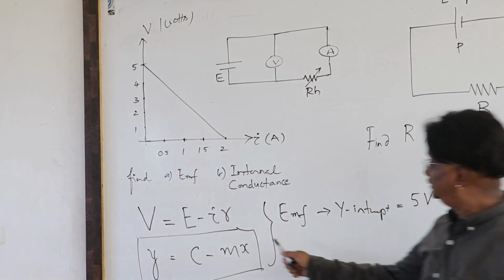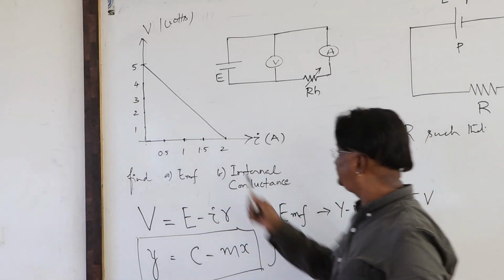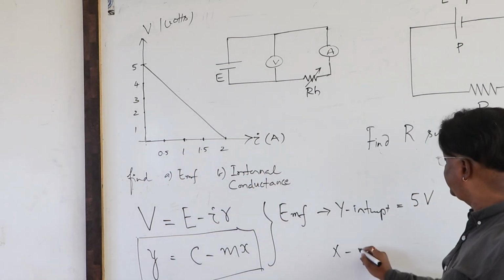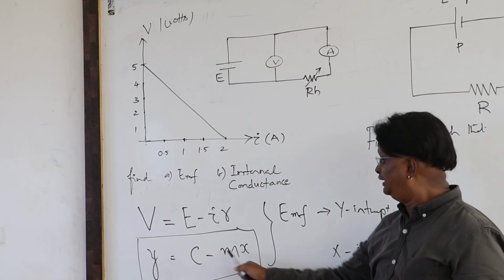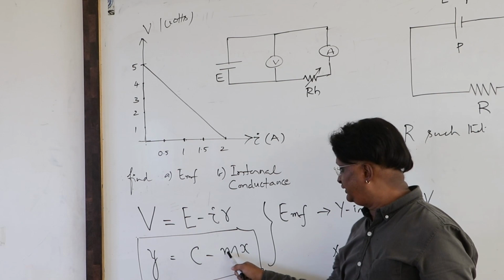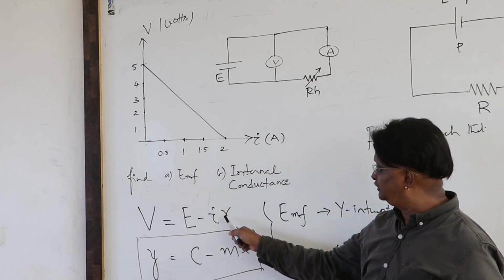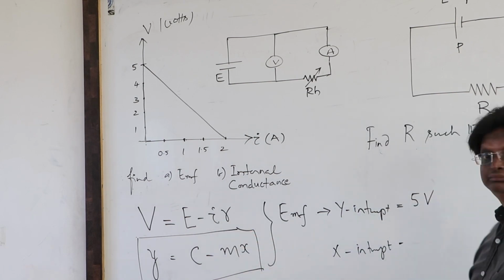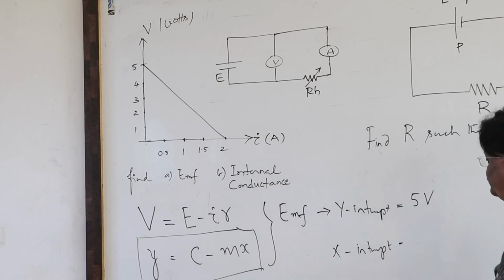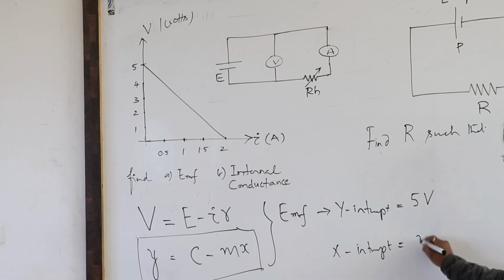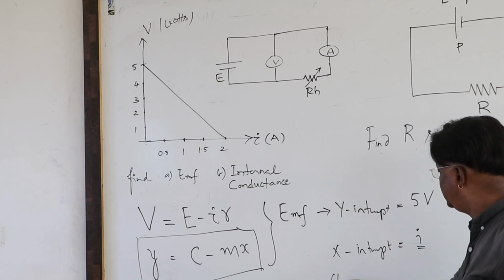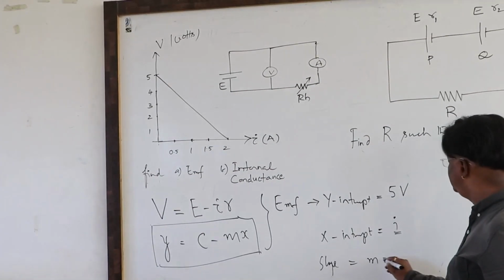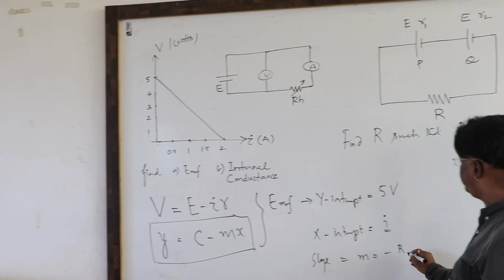Then what is the x-intercept? Look at this, y is equal to C minus mx, and what is that x value? It is nothing but I, because x-axis is calibrated for current. Therefore, comparison will give you the slope. Slope is equal to m is equal to negative of capital R, of course.